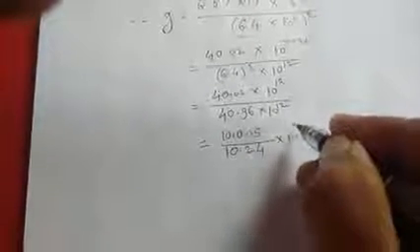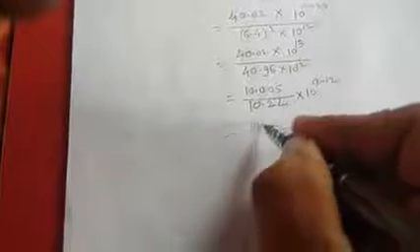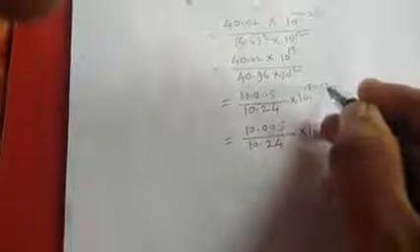So 10 raised to 13 minus 12. So it is equal to 10.005 upon 10.24 into, 13 minus 12 is 1, 10 raised to 1 means 10. So as we multiply 10.005 with 10, this product is 100.05. The point moves one digit.